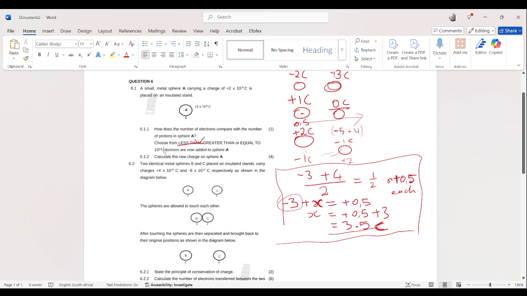Oh no, they said 10 to the power of 13 electrons are now added to sphere A. Calculate the new charge on sphere A. Come on, how do we go about this one?